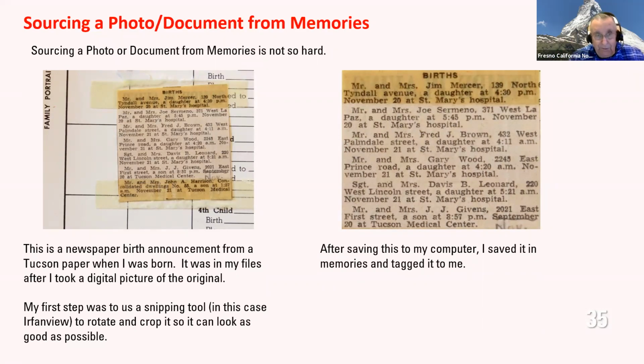I have 5 sources on me right now. So I wanted to fix this, so I used a snipping tool. I use a thing called Irfan View, but both Windows machines and Apple machines have a built-in snipping tool. I rotated it a little bit and cropped it, and I got me a nice image.